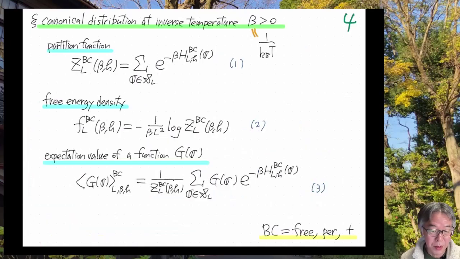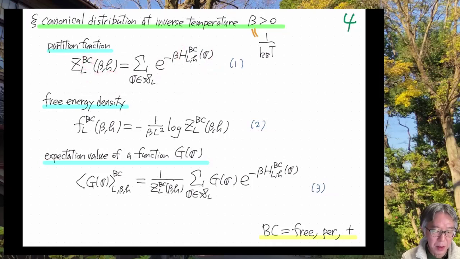So this is just a quick review of statistical mechanics, the canonical formalism. The canonical distribution at inverse temperature beta, which is 1 over kBT, is defined as follows. First of all, the partition function is simply the sum over all spin configurations of e to the minus beta H. This depends on system size L, parameters beta and h, and also the boundary condition.